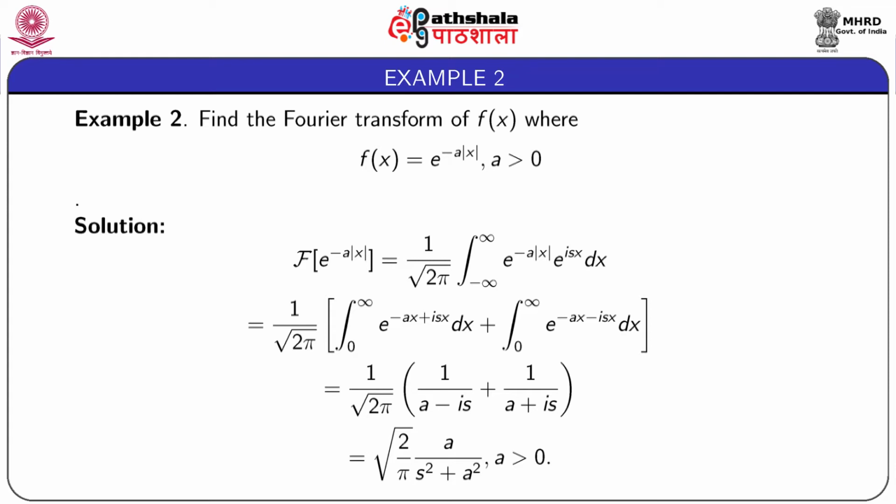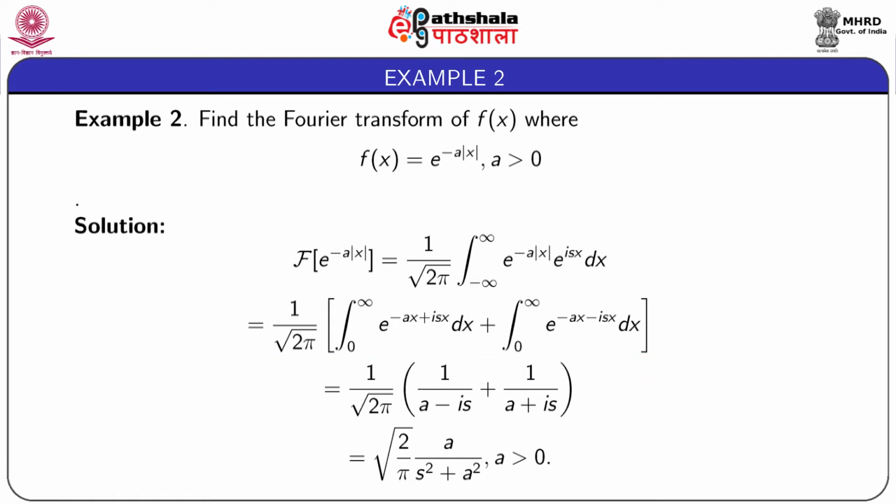given by this expression, that is 1 by root 2 pi integral from 0 to infinity e to the power minus a x plus I s x dx plus 0 to infinity e to the power minus a x minus I s x dx.